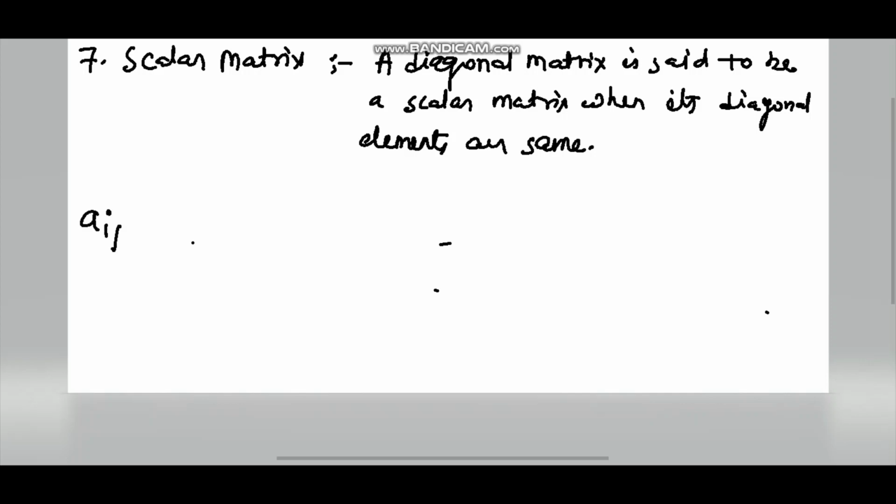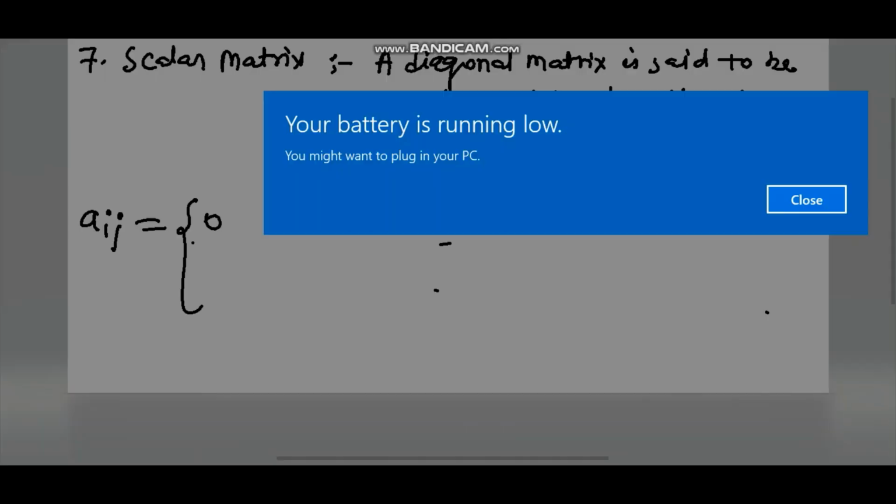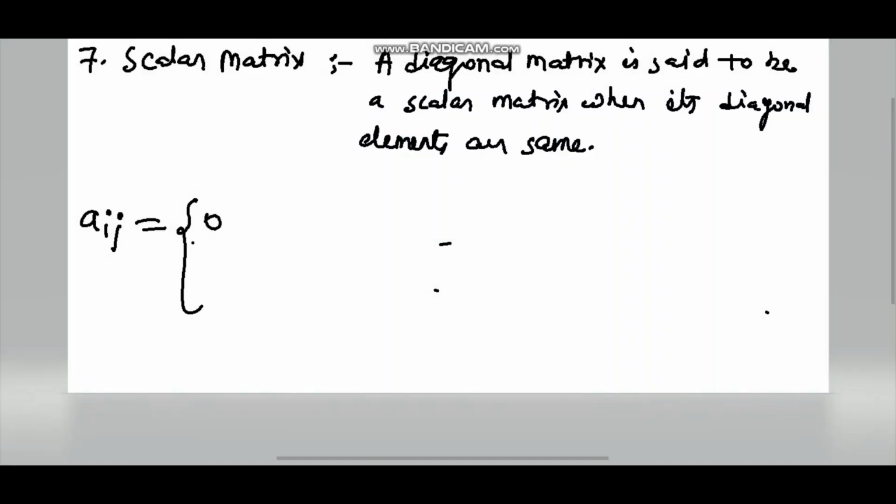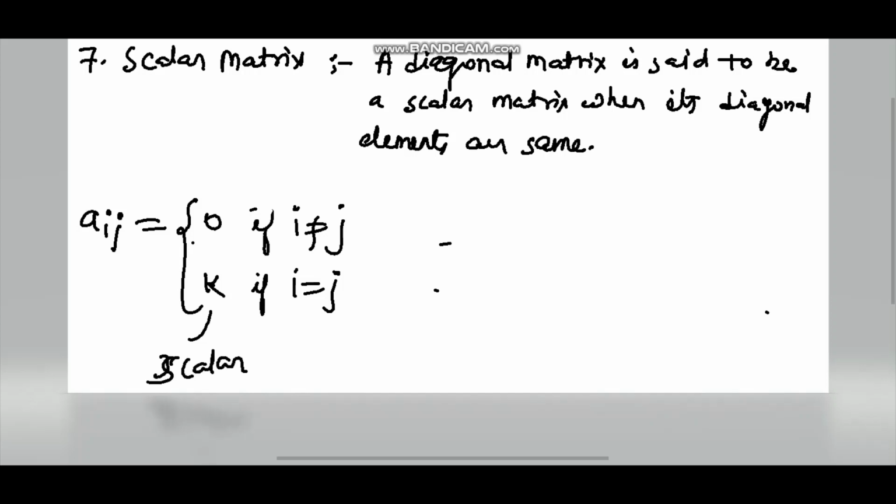In another way we can write a_ij is equal to 0 if i is not equal to j, which is the case when it's a diagonal matrix, and k if i is equal to j, where k is the scalar.